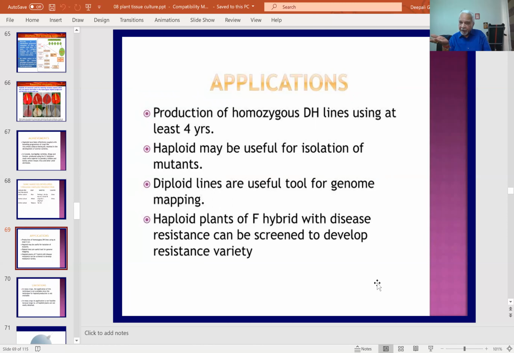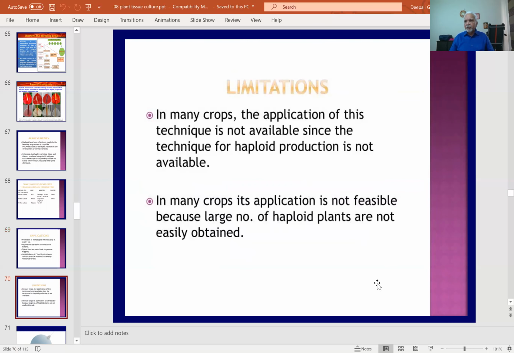You can do genome mapping by this, and you can look for different traits like disease resistance or performance against abiotic stress factors, which are seen to affect crop productivity in the field, and also nutritional values. So the field is wide open for its application. You have to just pick the right kind of mutation and take it for further breeding purposes.